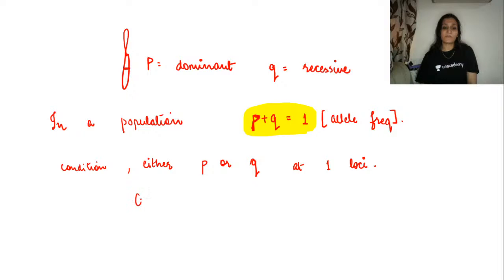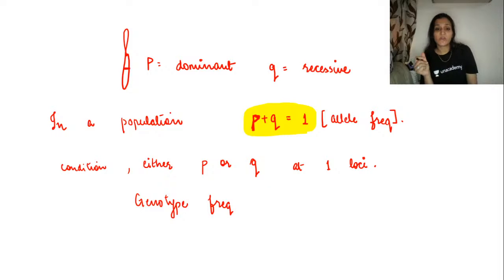And genotype frequency, what will it be? The genotype will be either dominant dominant, recessive recessive, or it can be dominant recessive both.